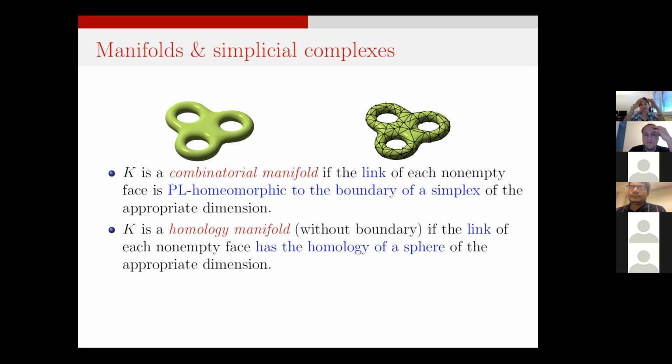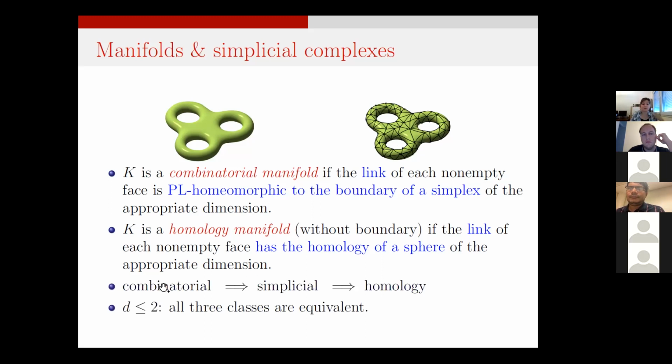So a very strict condition. And for a homology manifold, you don't need that much. You just need the link to have the homology of a sphere. And I guess that in higher dimensions, it's different. So we always know that a combinatorial manifold is simplicial and it's homology. And for the manifolds we live with, two-dimensional manifolds or three, the classes are the same.